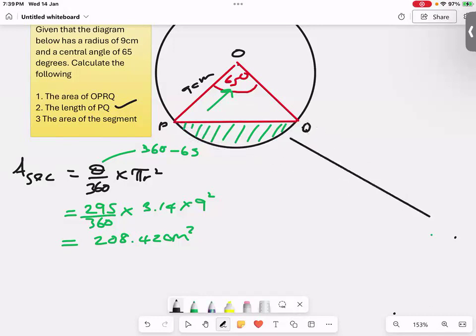And as you can see here, the curved black line is actually an arc, right? We discussed that last week. The arc is the crust of the circle, or the crust of the pizza.